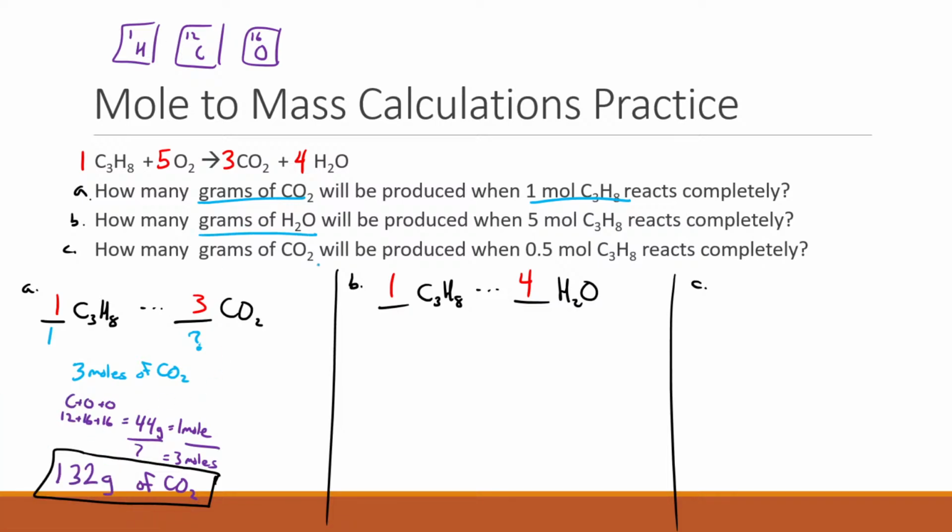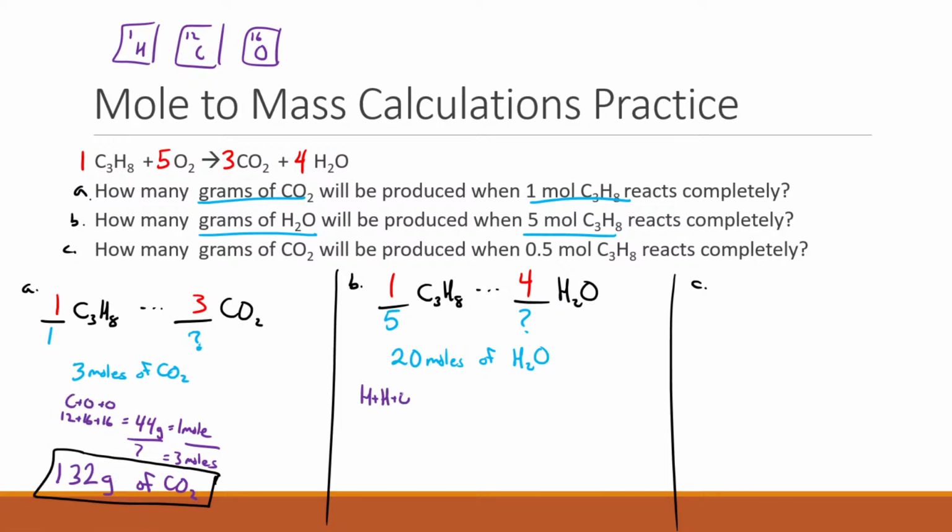How many grams of H2O? 5 moles of C3H8. 1 over 5 equals 4 over x. 1 over 5 equals 4 over 20 moles of water. But they don't ask me for moles, they ask me for grams. So I've got to do one more set of calculations here.